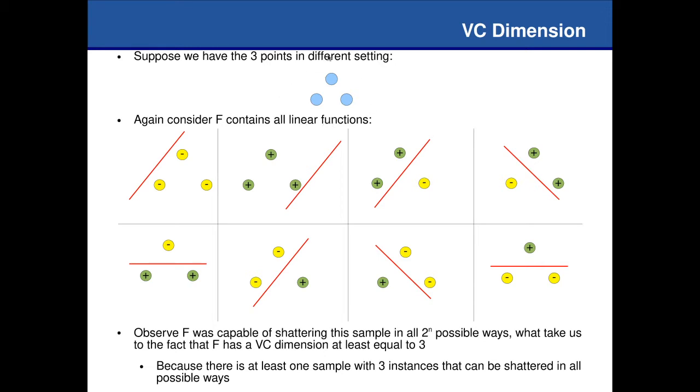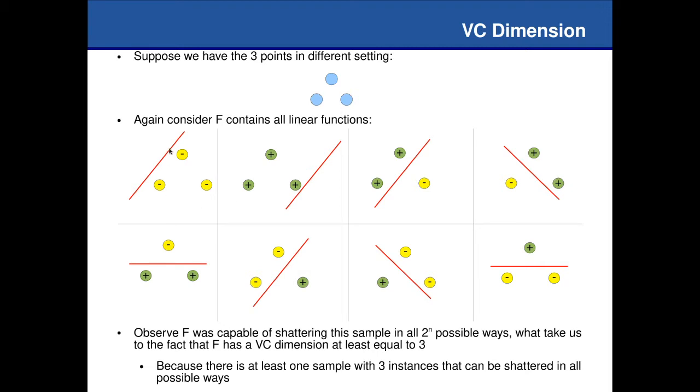The general position configuration is the one in which no 3 points are collinear to each other, so they have some perturbation. Assuming those perturbations, with a single hyperplane I can still come up with 8 possible ways of classifying these 3 points. That's the greatest number for 3 points on a plane.